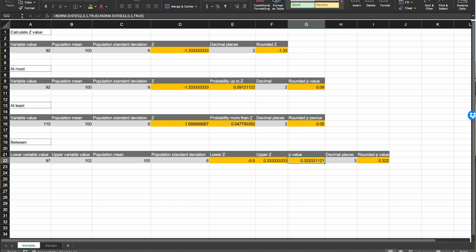If I say to you the variable value is 92, and the mean is 100, you plug in 92 there, you plug in 100 there, and you plug in the population standard deviation, not the variance, and out pops the z value. Can you see that that's 92 minus 100 divided by 6? Gives you negative 1.33. So instead of you having to do z equals x minus mu divided by sigma, I've just put it there for you. But you can see that's all I'm doing there.